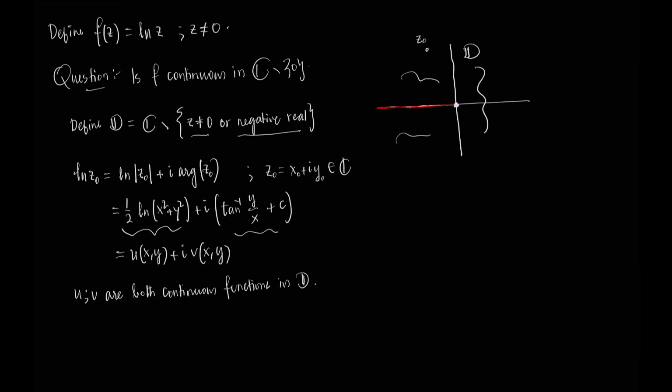This part is continuous, this log of x squared plus y squared is defined in the whole domain D, and this is also defined. Here c is a multiple of 2 pi.